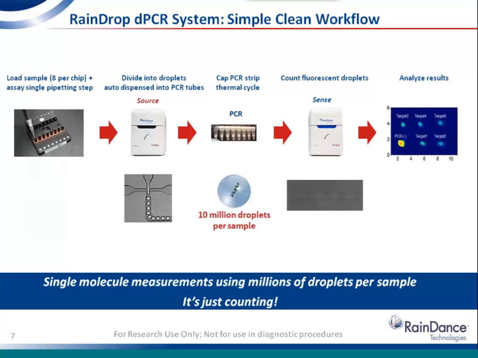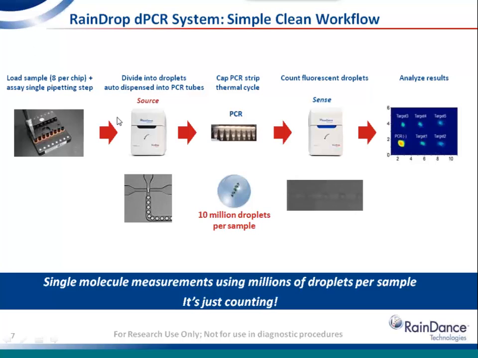Well, the RainDrop system is an amazingly powerful and versatile tool, which utilizes a simple, clean workflow. All one needs to do is load the sample onto a disposable cartridge. You can see here there are 8 wells for 8 completely independent experiments on a single run.